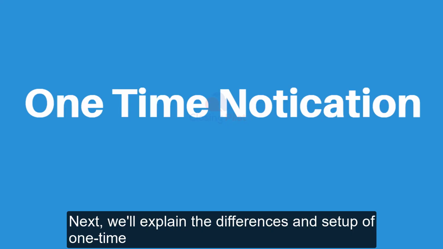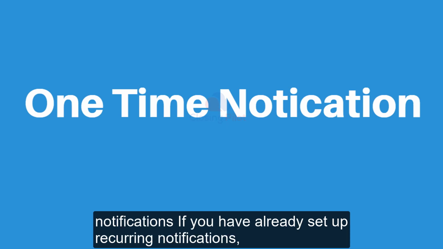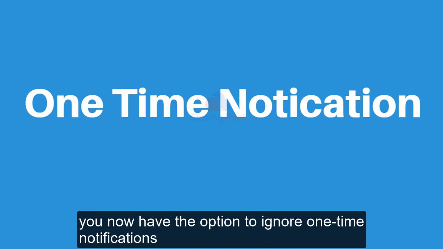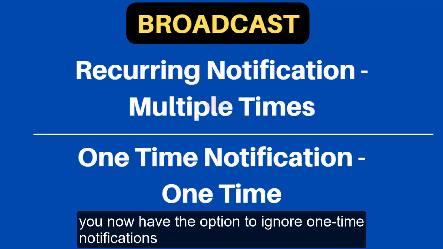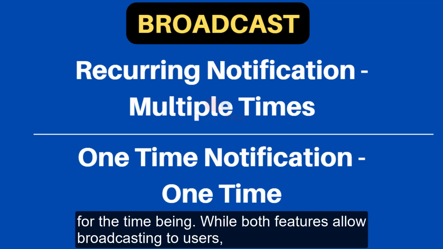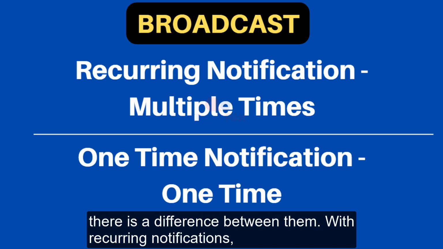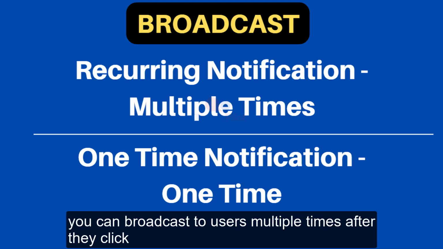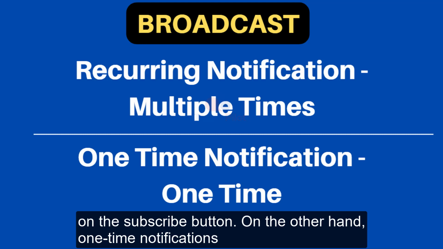Next, we'll explain the differences in setup of one-time notifications. If you have already set up recurring notifications, you now have the option to ignore one-time notifications for the time being. While both features allow broadcasting to users, there is a difference between them. With recurring notifications, you can broadcast to users multiple times after they click on the subscribe button.